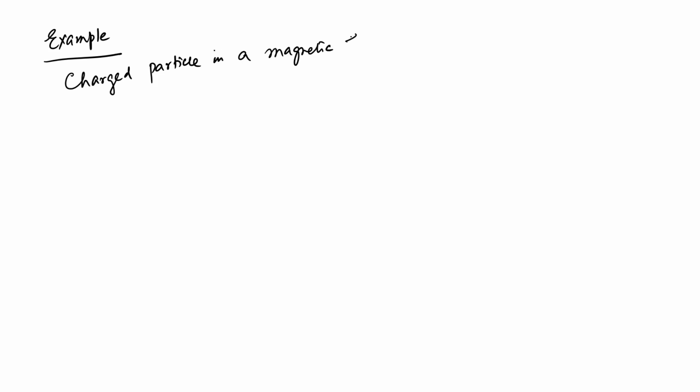And so, let us take an example of a charged particle in a magnetic field. It is a very well known problem, and so we have say for example, an electron which is placed in a magnetic field B, and this is a classical problem.